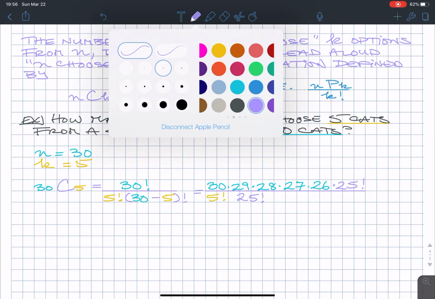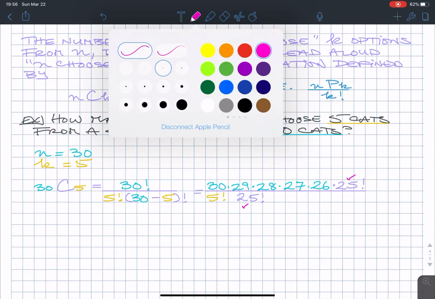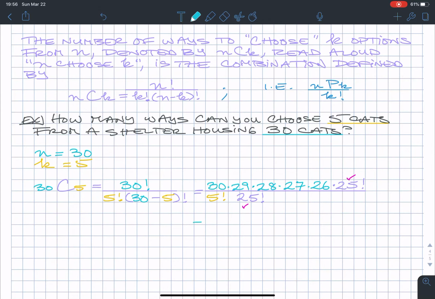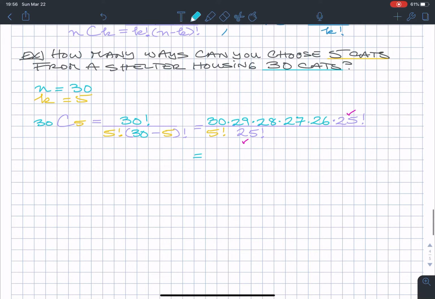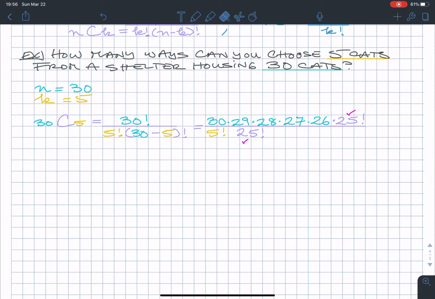So I can reduce the 25 factorial, and let's see what I can do with the rest of this. Okay, well, let me break up the denominator first, which is just going to be 5 factorial. So I know that 5 factorial is going to be 1 times 2 times 3 times 4 times 5.